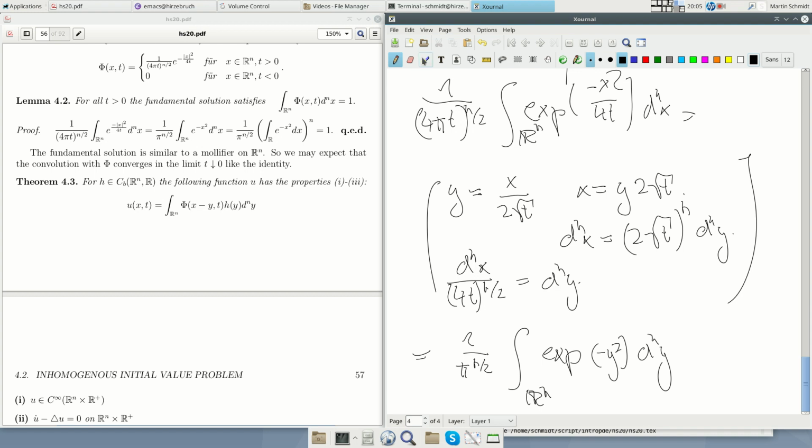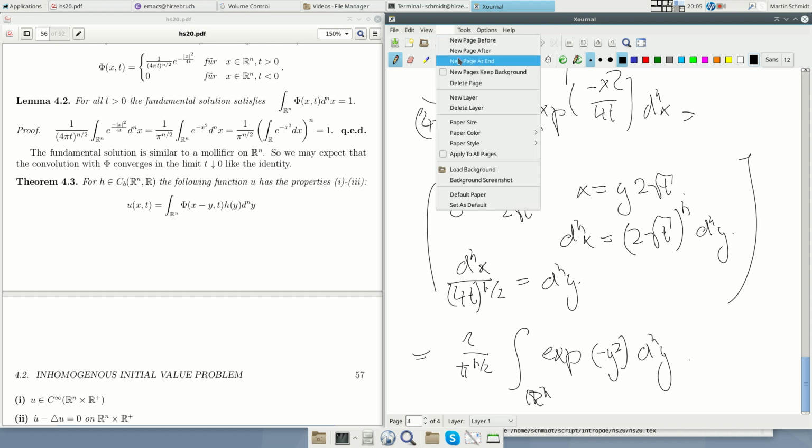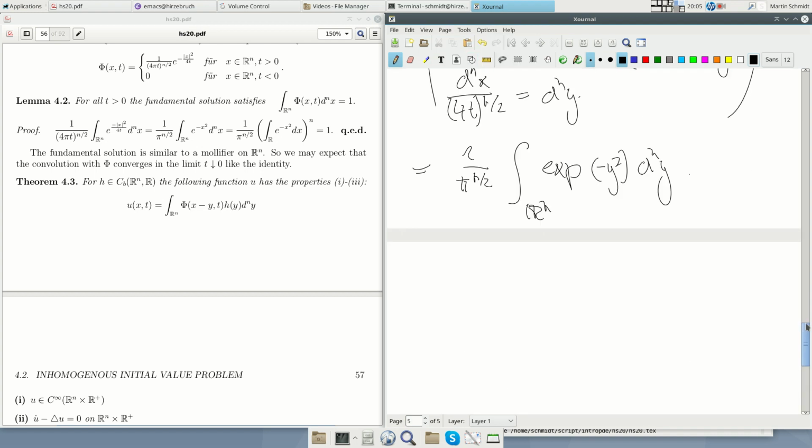Okay, and this integral, now again calculation: exponential of minus y squared is of course exponential of minus y1 squared, and so on, minus yn squared. And so this is a product.